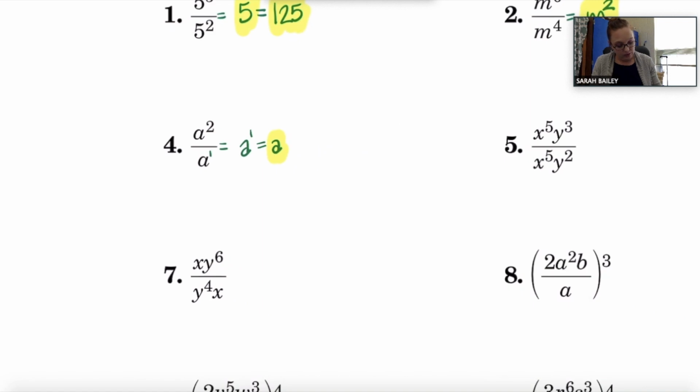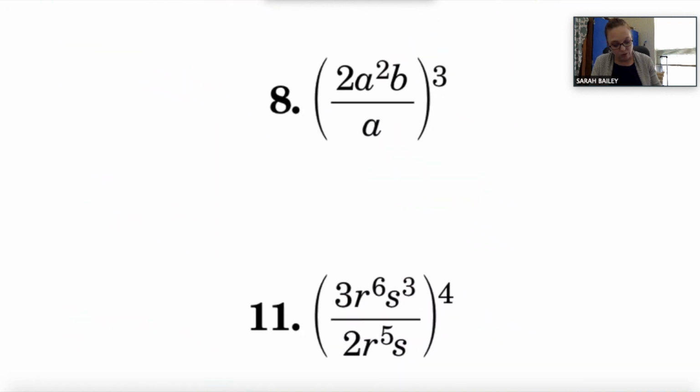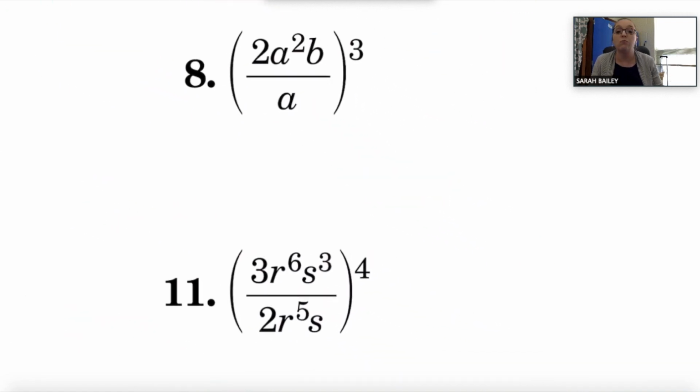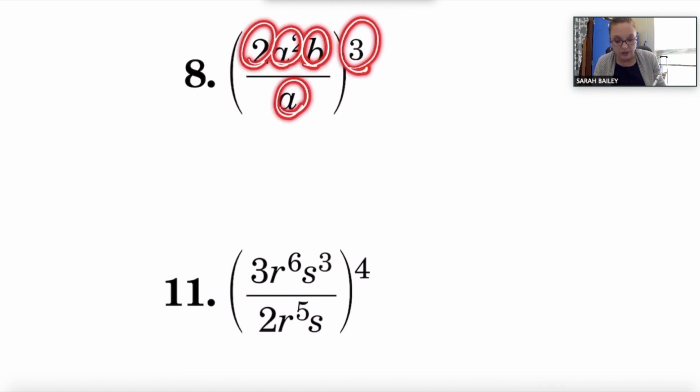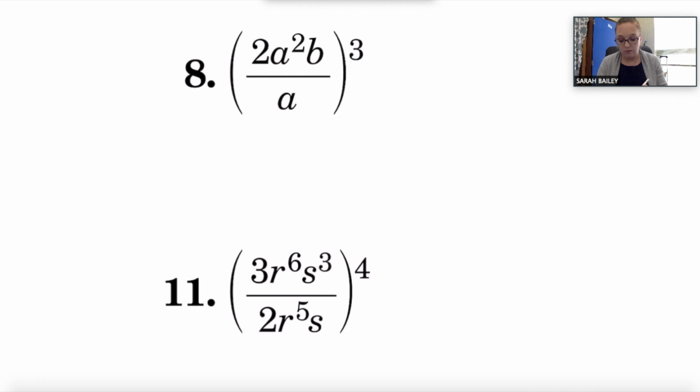Okay, let's skip down to number 8 before you do some problems on your own. Notice this entire expression is being taken to the 3rd power, or cubed. So what I would recommend here, there's more than one way to go about doing this, but we can go ahead and distribute that exponent of 3, this exponent of 3, to each piece in here, and then we can take it from there.